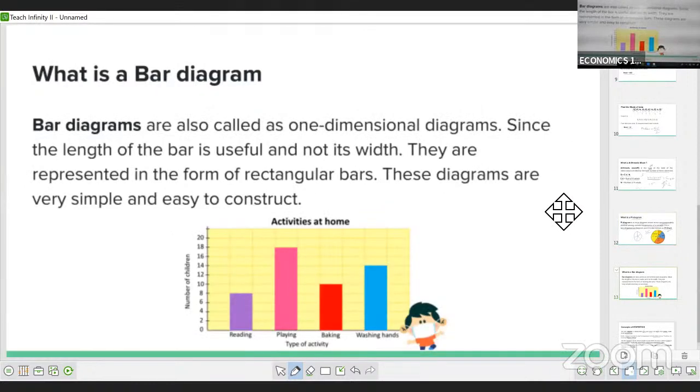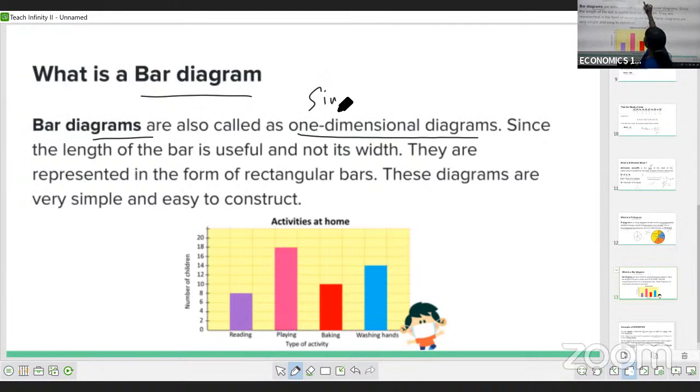We have one more thing. That is, what is a bar diagram? See, the bar diagram, we can call it a one-dimensional diagram also. So, single or one-dimensional diagram.